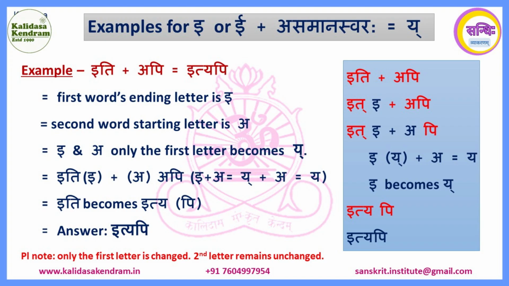Kindly go through this carefully so that you can understand all other 3 rules. How the derivations happen is given in the box. Kindly go through that. Iti plus api, it, I plus api, it, I plus A, pi. I becomes Y. The next A is joining with it. So I becomes Y. So itya pi becomes ityapi.